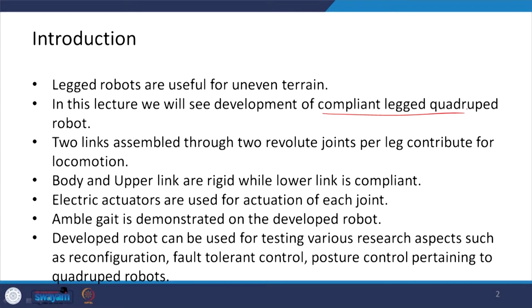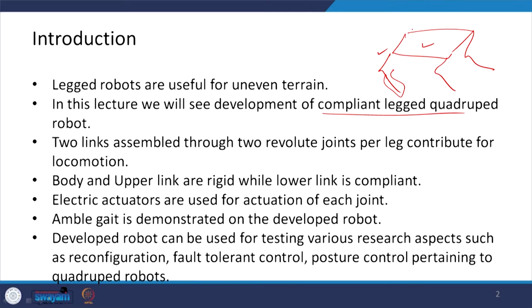The bottommost link is the compliant one, which we have considered over here, and the body and the upper link are rigid.